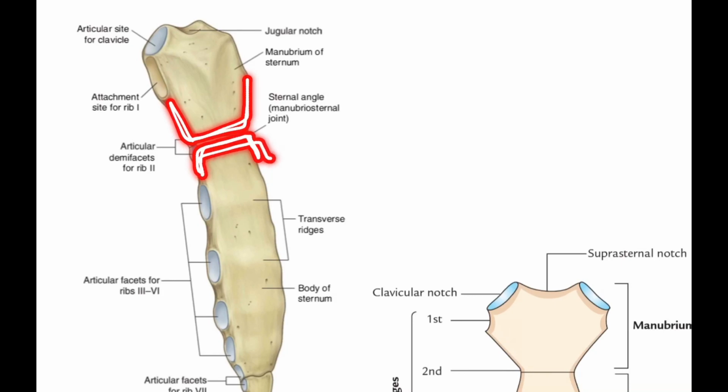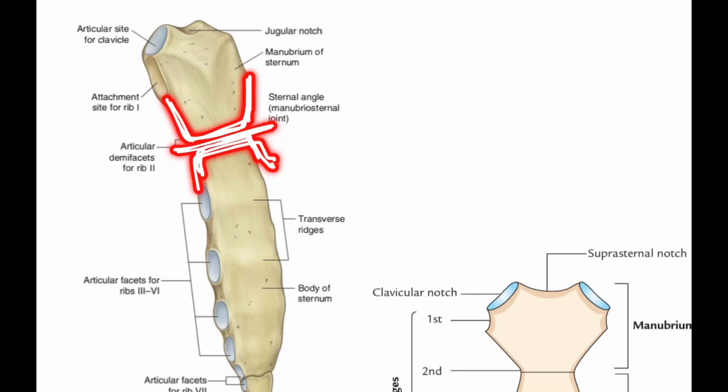The lower border of the manubrium sterni articulates with the upper end of the body of the sternum to form a secondary cartilaginous joint called the manubriosternal joint.